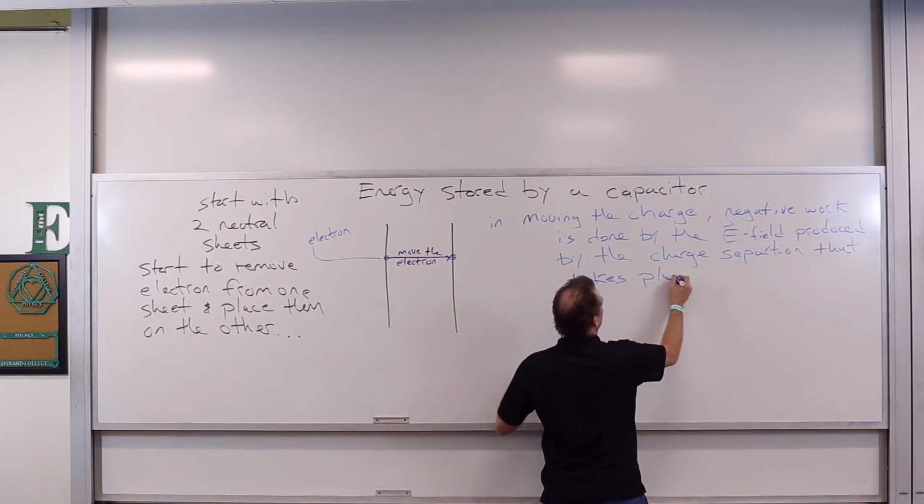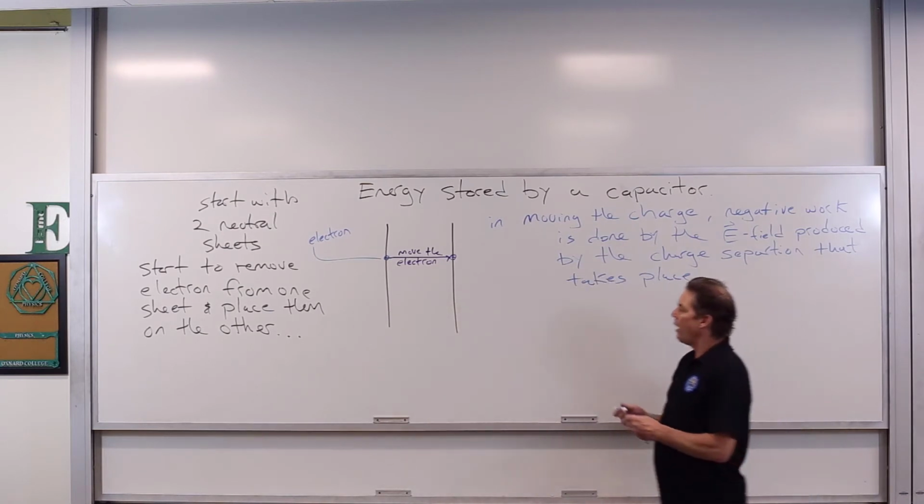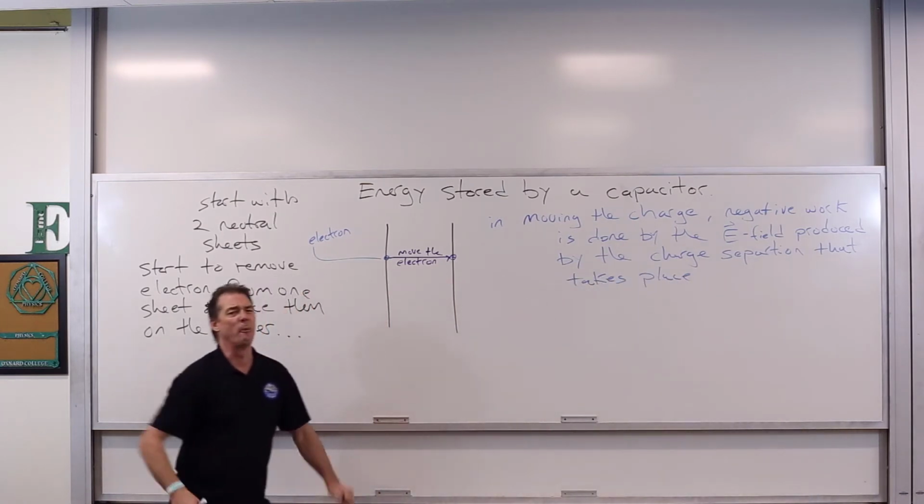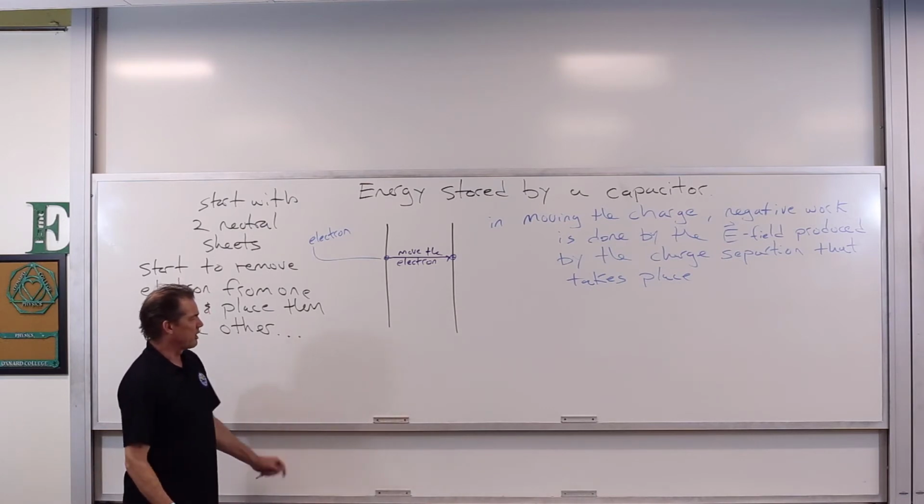That takes place due to us removing it, right? All right, so we took one electron over. That takes so much work done. The electric field does some negative work.